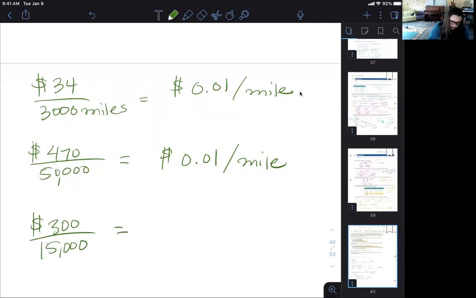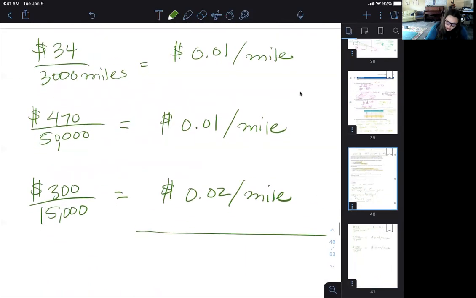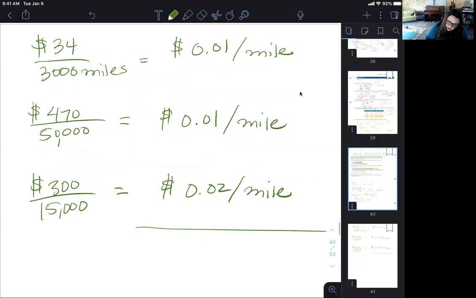So 300 divided by 15,000 gives me 2 cents per mile. So these are all just unit rates. If I add these all together, for all of my maintenance, that's 4 cents per mile.